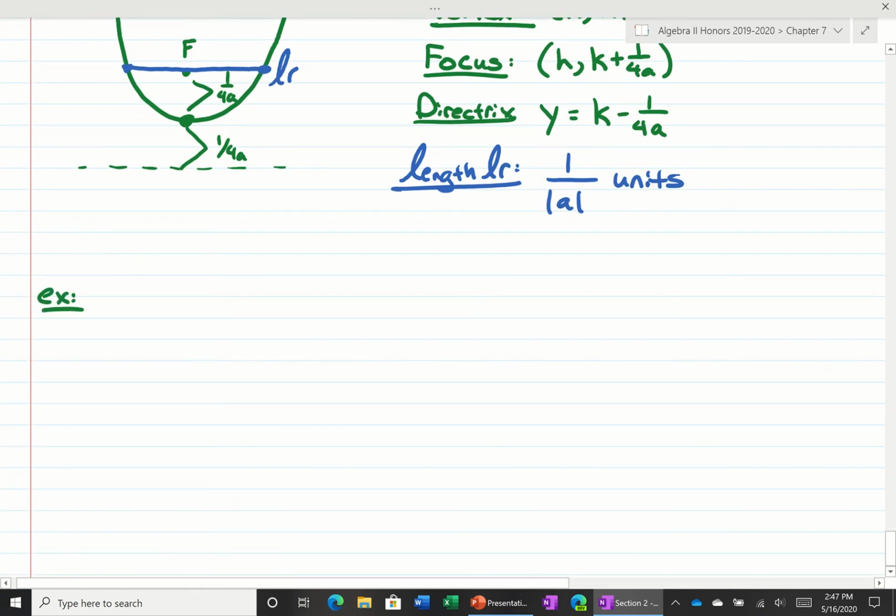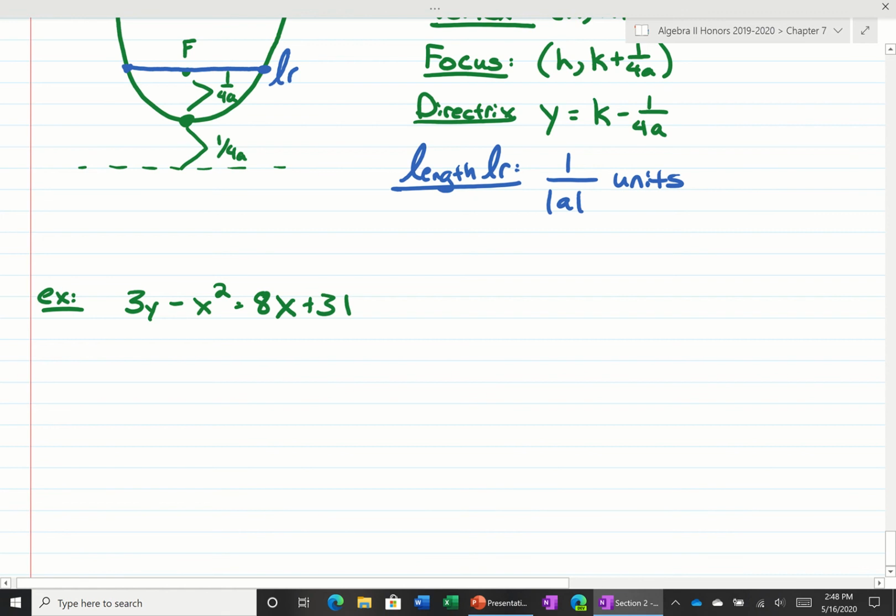So let's say we had a problem that looked like this. Let's say 3y minus x squared is equal to 8x plus 31.